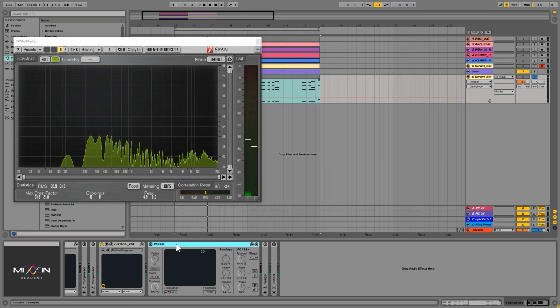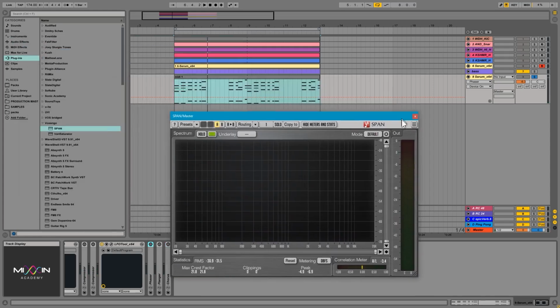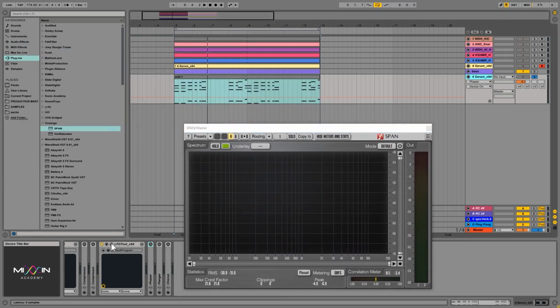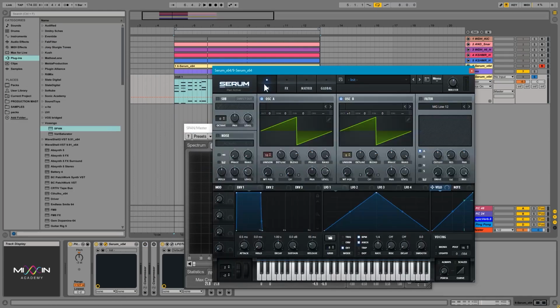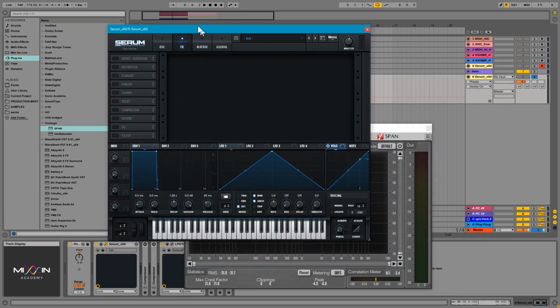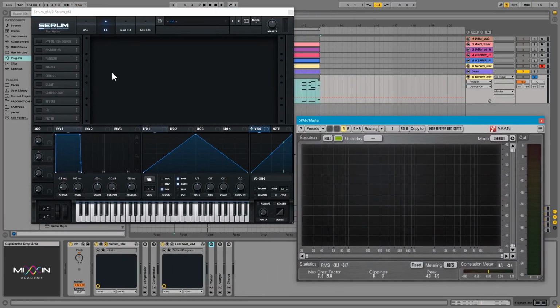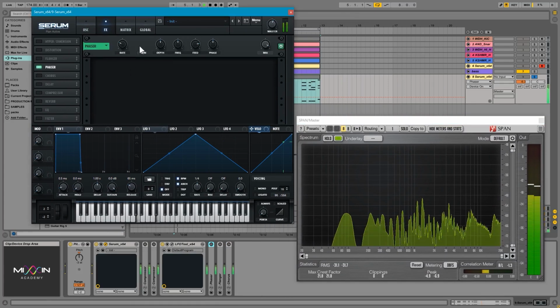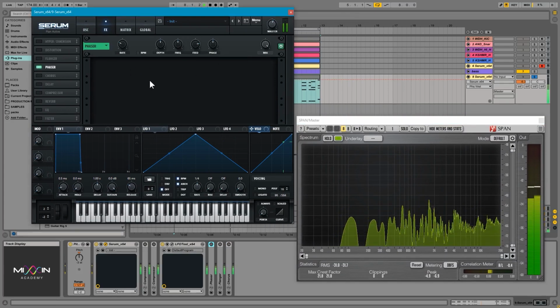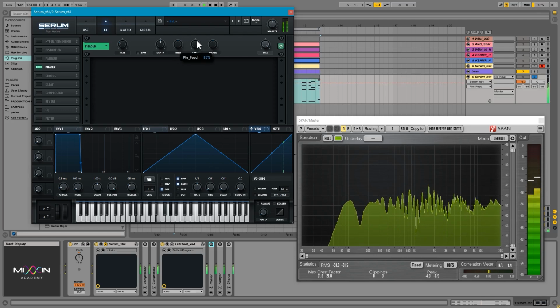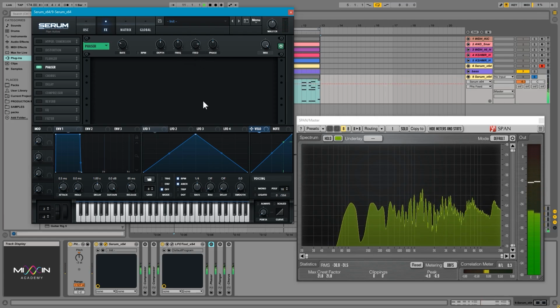Now we also have that same phaser effect inside the synthesizer itself. Let's see that, like this. So in the FX section, we also have that phaser. Let's try it out. Nice.